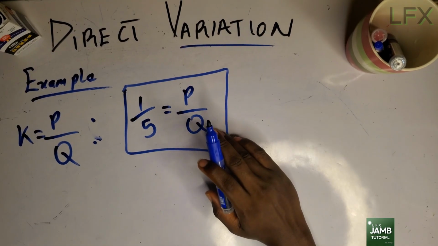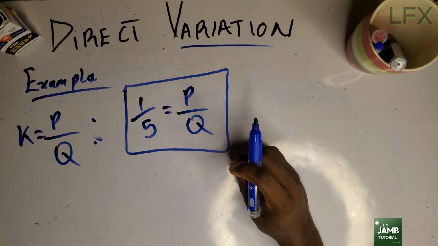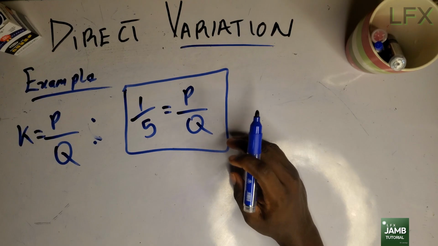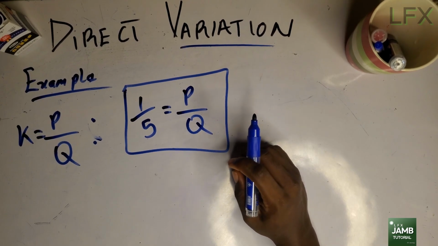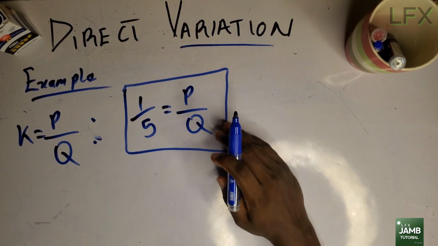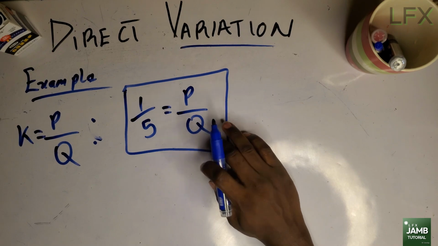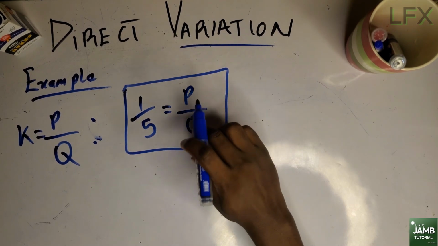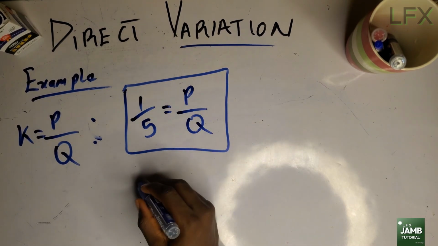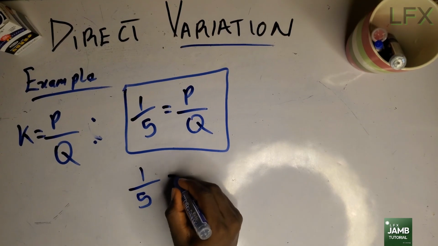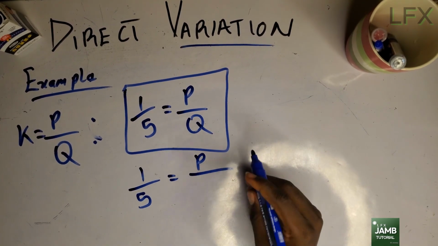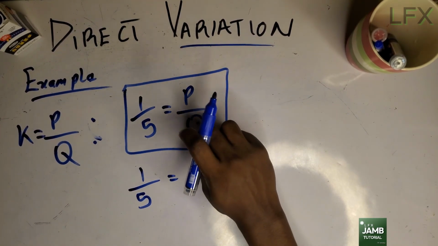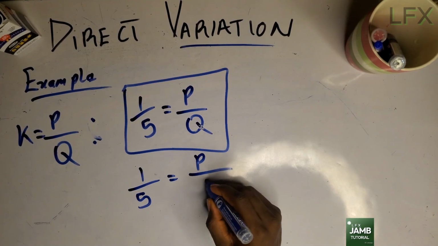Now with this we can derive any other value we are asked to find. So we are asked to find P when Q is 5. All we have to do is replace Q here with 5, and we have 1/5 equals P, which we are looking for, over our Q, which is 5.